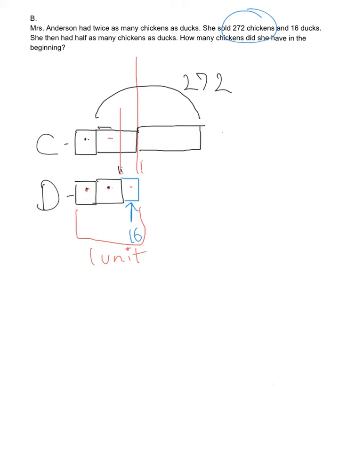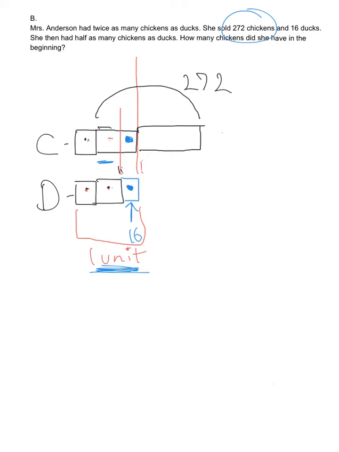But that's also telling me then that this piece right here is worth 16, since its counterpart down here is worth 16. That's very interesting, because now, if this is 1 unit right here, and this is its equal, I'm seeing 2 units and a 16.